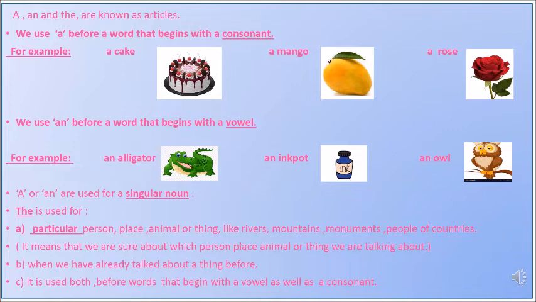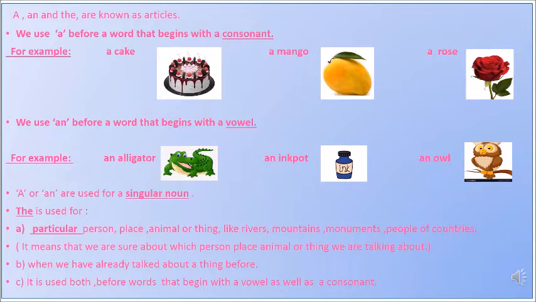As I have already explained to you what are consonants and what are vowels. So let me repeat, children. There are 21 consonants and 5 vowels. So I'll give you more examples of where to use a and where to use an and where to use the.